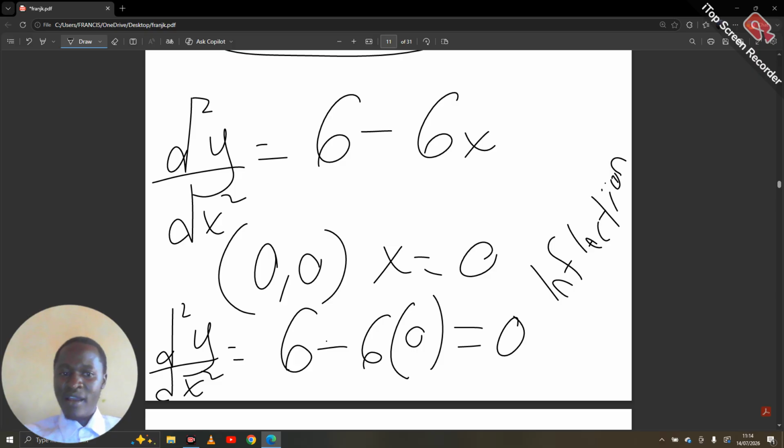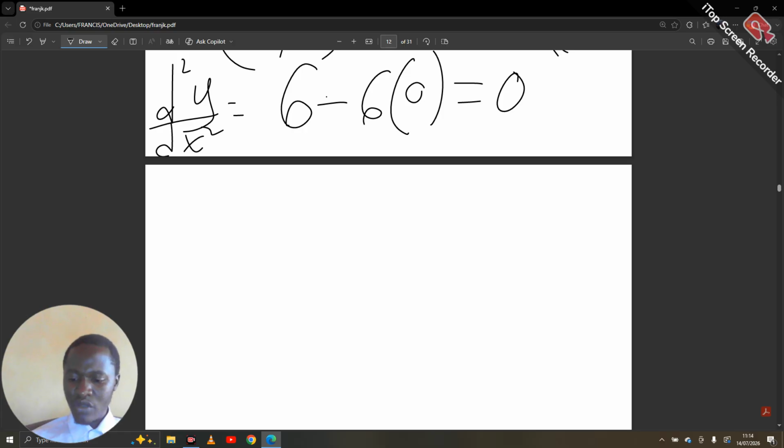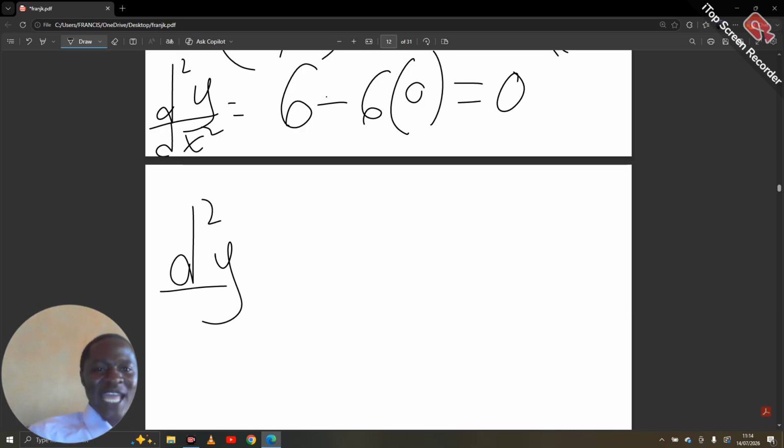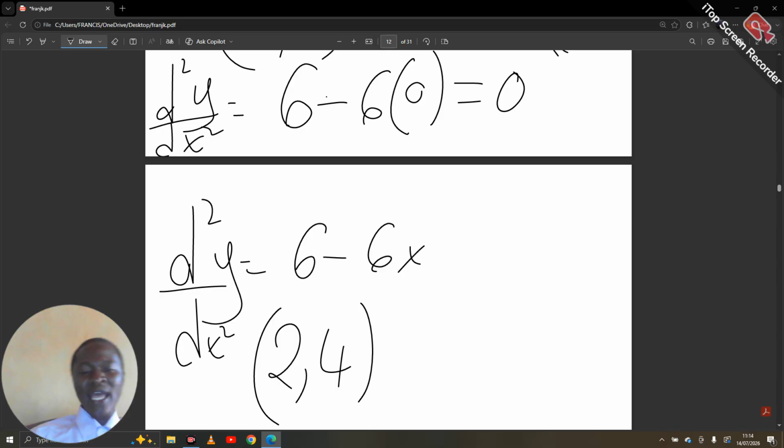You shall organize them later, when you are coming to summarizing your answers. Now, d squared y over dx squared equals 6 minus 6x. We are now using the second point we had obtained, which is (2, 4).